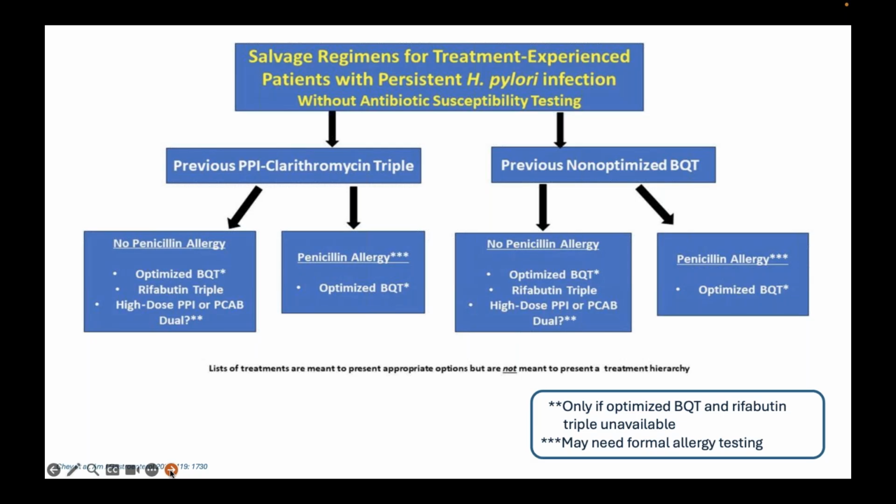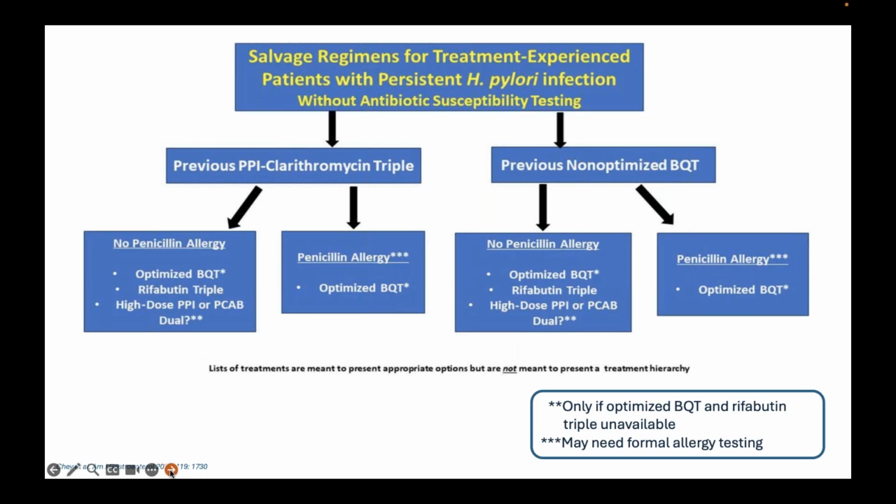So if the patient has failed that, the first question is: is there true penicillin allergy? If there is not, then optimized bismuth quadruple therapy is there. Also, other possibilities: rifabutin triple therapy, or the combination of a PCAB with amoxicillin, or perhaps a high dose of a proton pump inhibitor with amoxicillin. If the patient is truly penicillin allergic, optimized bismuth quadruple therapy.